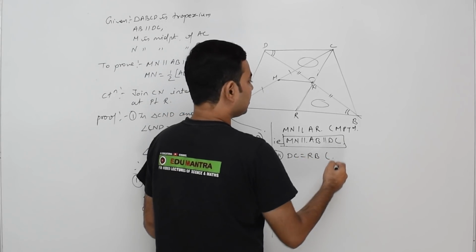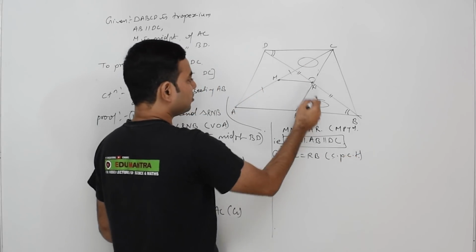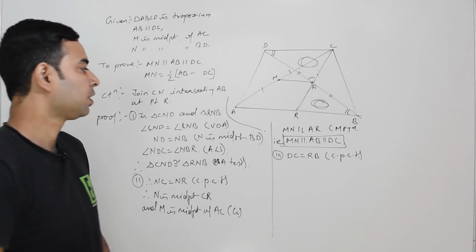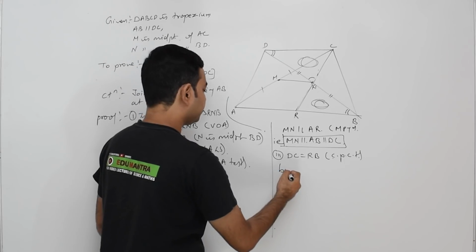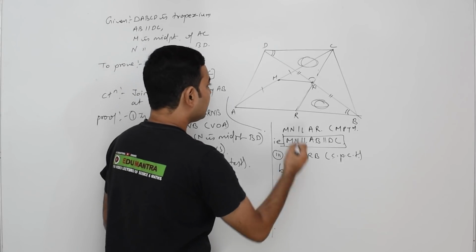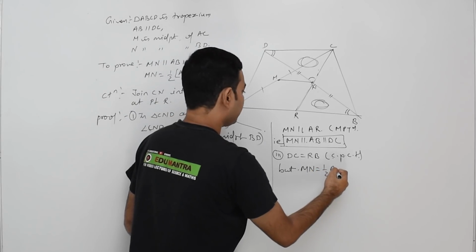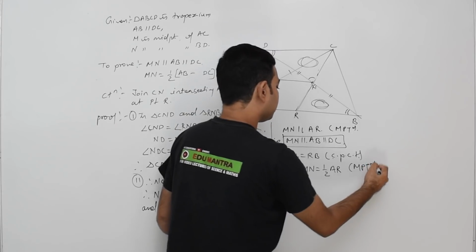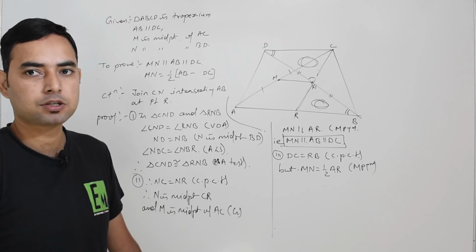Now in the third point we can write down DC is equal to RB, corresponding parts of congruent triangles. As these two triangles are congruent, these are the corresponding parts, so they are equal. MN is half of AR by the midpoint theorem, because this is a line segment joining the midpoints of two sides of a triangle.